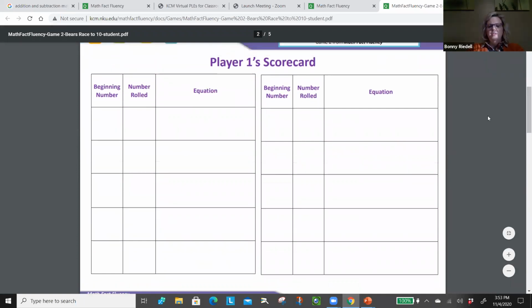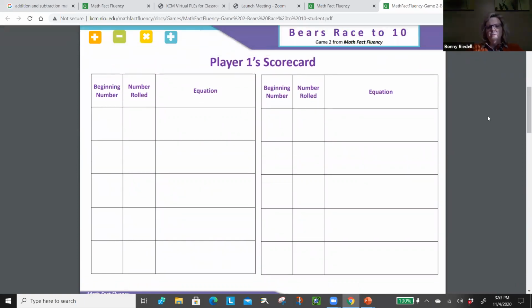And students who are just learning the +0, +1, +2, the scorecard might not be appropriate for them. My son is just 5, so he's just learning how to write those numbers. So that might not be appropriate for him. But as you continue on, students can relate the concrete moving of the bears to the abstract equation.